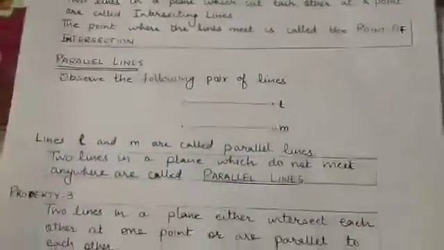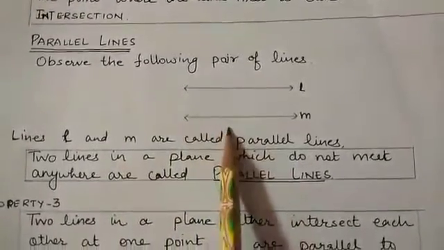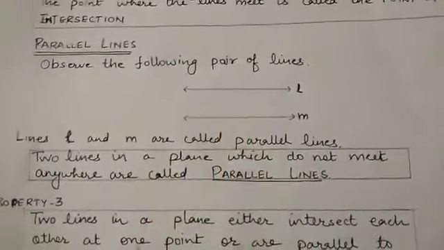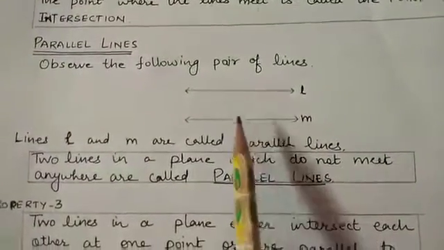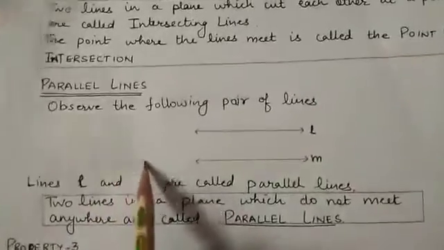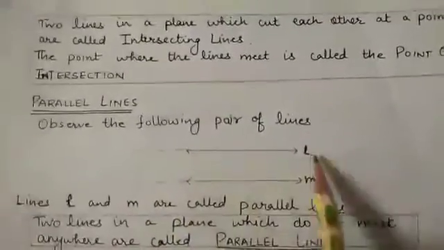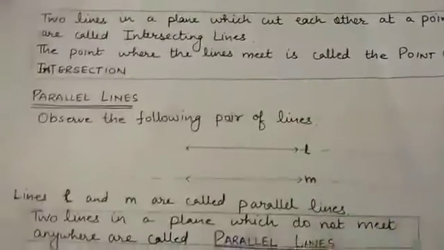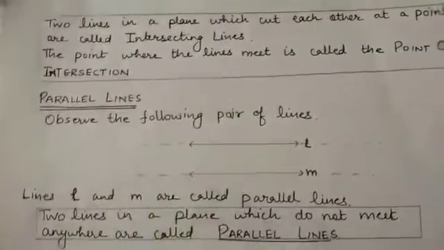Now comes parallel lines. Now observe this pair of lines. Here L and M are called parallel lines because if I wish to extend these two lines in both directions, I cannot join these two lines. These lines will never meet each other.